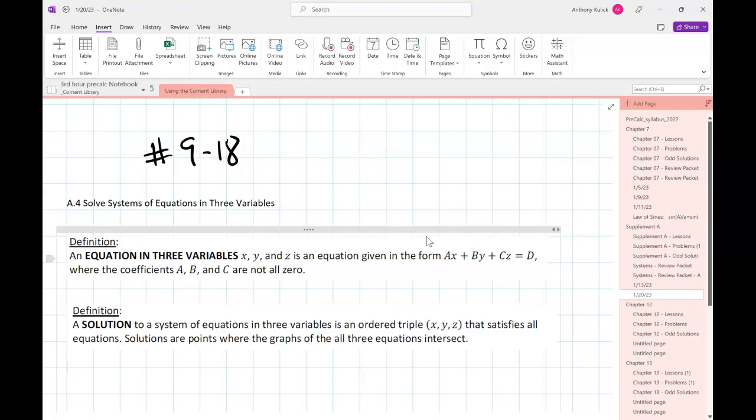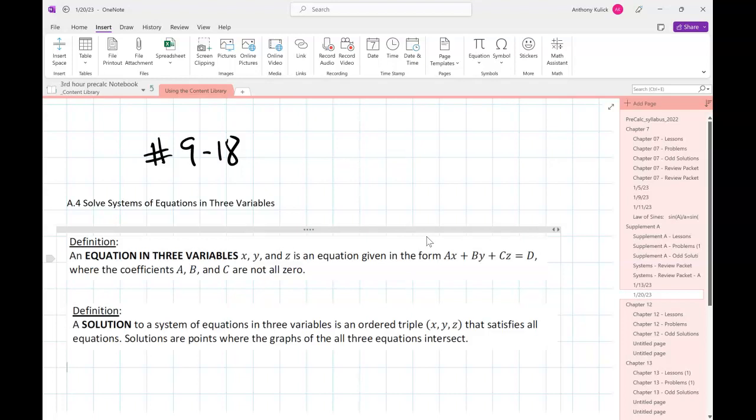So what does the graph of ax plus by plus cz equals d look like? If we think about 2 variables, the 2-variable space we're graphing in was a plane, and we get a 1-dimensional object, which is a line. If we have a 3-dimensional space we're graphing in, we're going to get a 2-dimensional object, which is a plane.